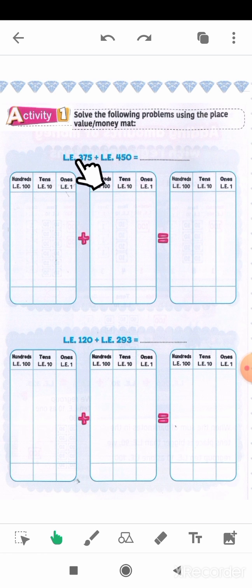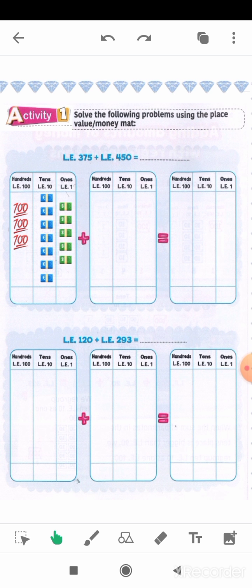We solve the following problems using place value. Here we have 375 plus 450. The first number has 3 hundreds, 7 tens and 5 ones, plus 4 hundreds, 5 tens and no ones.